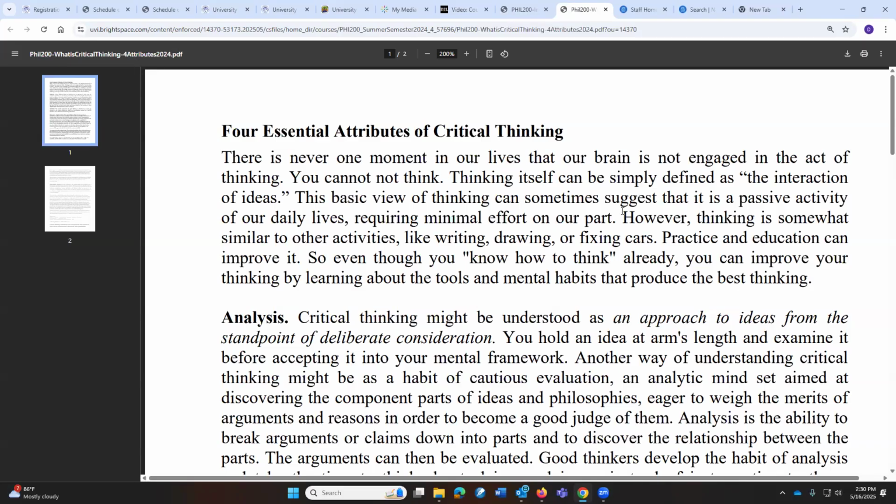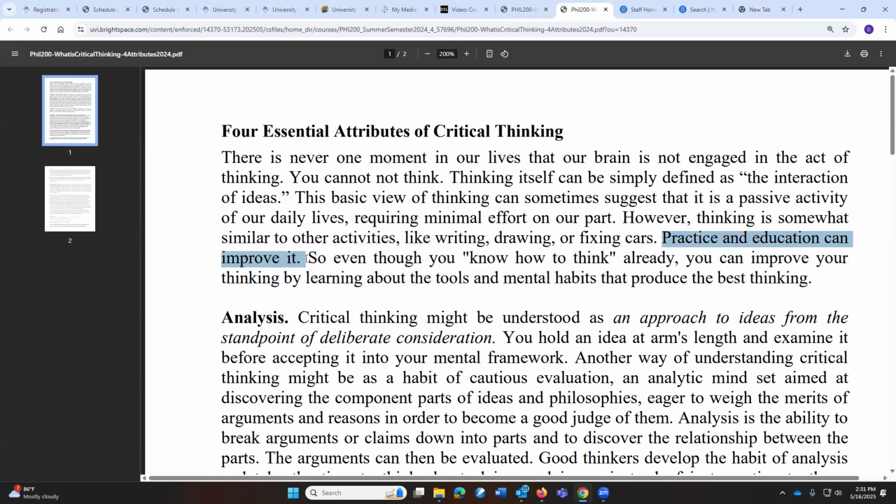We can't not think. Thinking is just the interaction of ideas in our brain. As we say, it can suggest a passive activity of our daily lives, which requires minimal effort on our part. But thinking is somewhat like other activities, just like writing, drawing, or fixing cars. Practice and education can make it better.